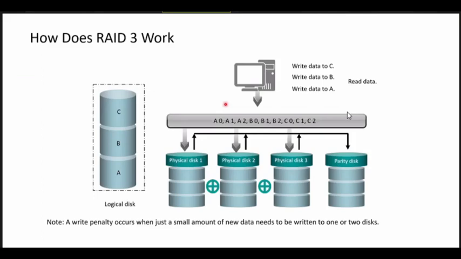Now we're talking about RAID 3. RAID 3 is what we call dedicated parity. By default, the minimum you need is 3 disks. They just use 4 disks here because it makes it easier to understand.